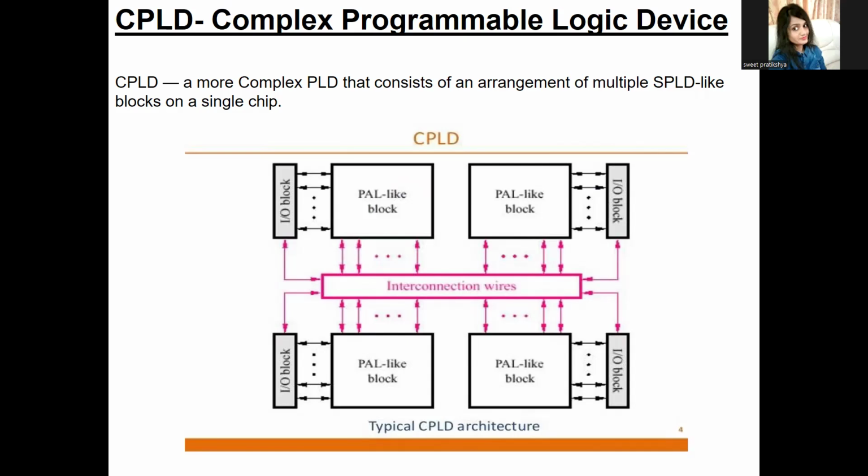Programmable interconnects route the signals flexibly inside the chip. So this structure gives the CPLD both the flexibility of a PLD and also the power of customizing. You can now see the structure of a typical CPLD architecture: interconnection wires, PAL-like blocks, input-output blocks, and interconnects.